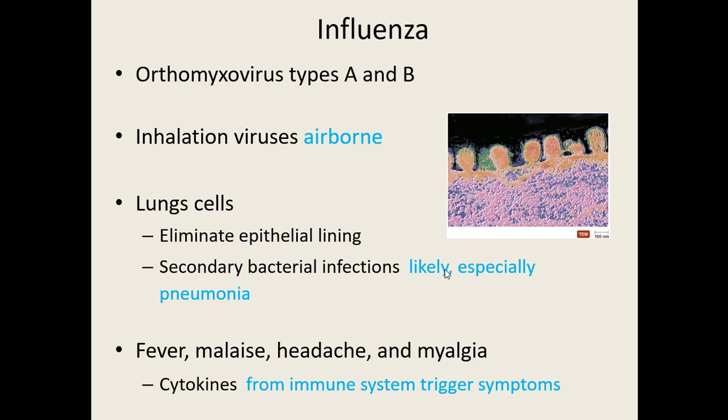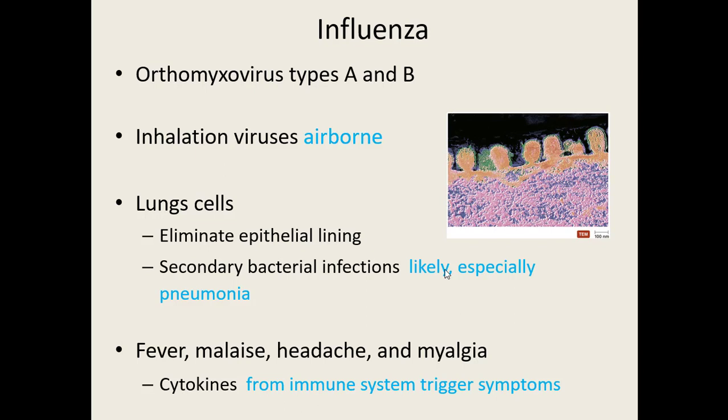Now, they're primarily spread through airborne transmission. Someone coughing, sneezing, it gets in the air. And once it gets into the body, its main target is the lung cells. These viruses destroy the epithelial lining of your lungs. Now, your epithelial lining of your lungs is your first line of defense because everything you breathe in has the potential of crossing that mucous membrane in the respiratory tract.